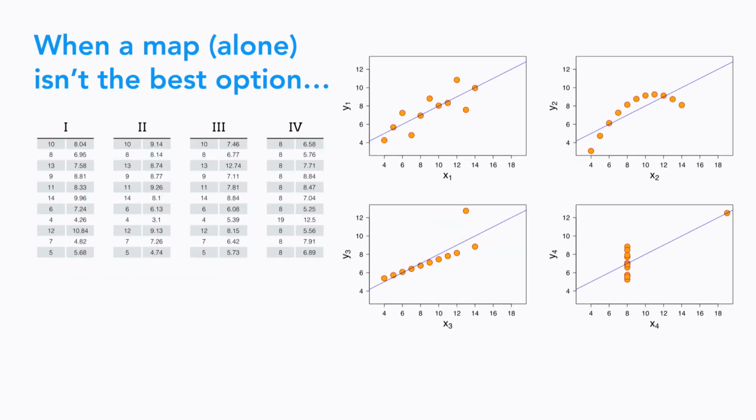When in fact, if we visualize these on a scatter plot, they're all quite different. Some are kind of linear, some have really crazy outliers, some are a little bit curvy. So visualizing this data is kind of the only way to tell that these 4 different data sets, while very similar in summary statistics, are actually quite different in shape.